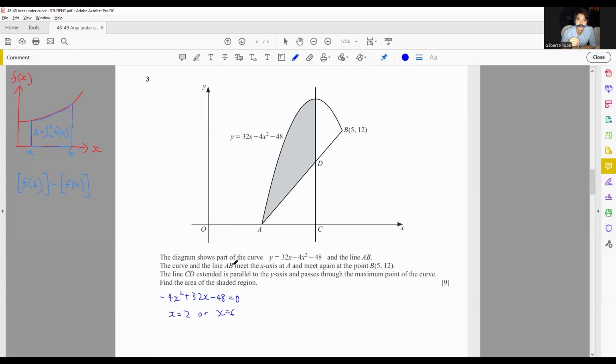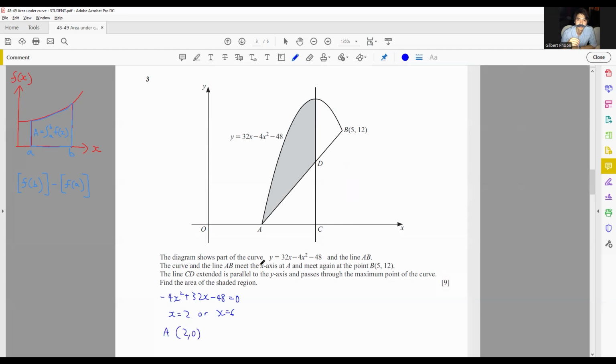Now, once again, looking at your entire graph here, B's coordinate is 5, 12. Therefore, the only logical coordinate for A has got to be when x equals 2. x equals 6 is probably when you extend it here and you get the coordinates of 6, 0. Okay? So A is definitely the coordinate where x is equal to 2. So we're going to write that A is 2, 0.